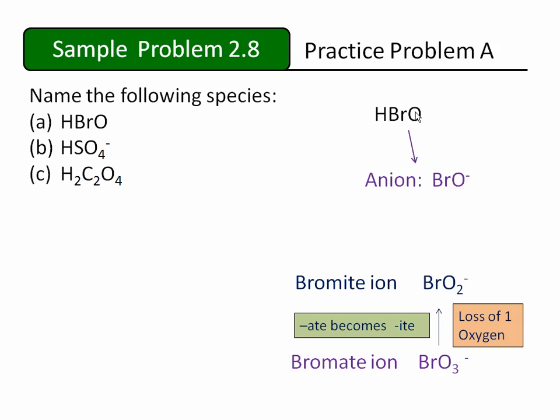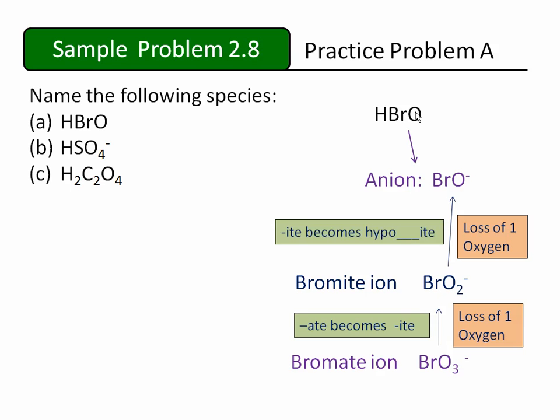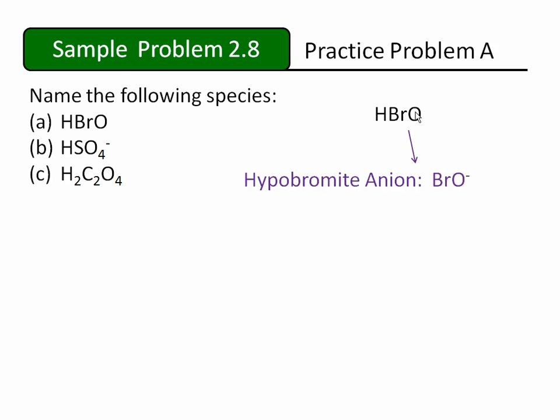In another step, the bromite ion could lose one oxygen and form a new ion which has a hypo prefix included in its name. These two steps would ultimately result in the ion that we need to work with, and the BrO- ion would be called hypobromite.